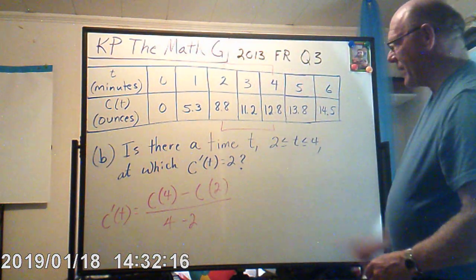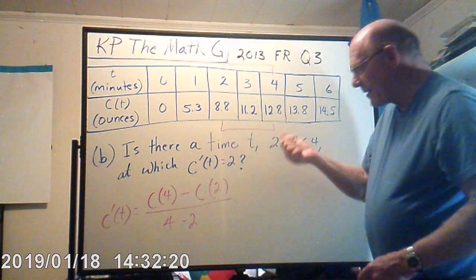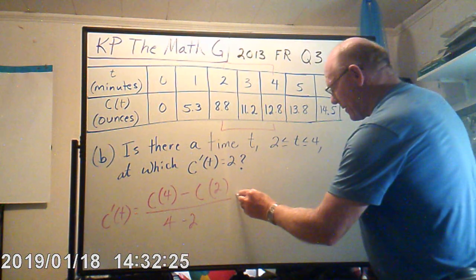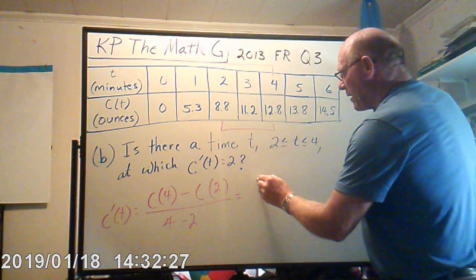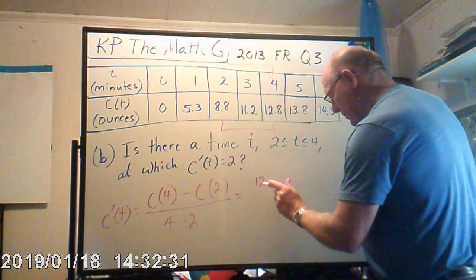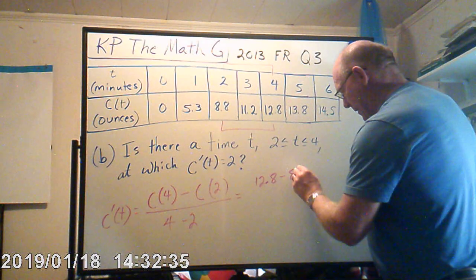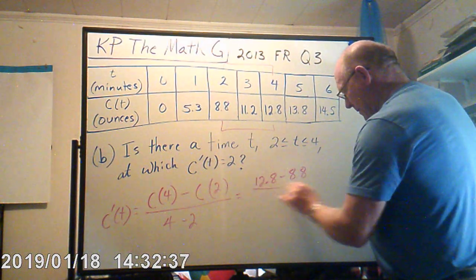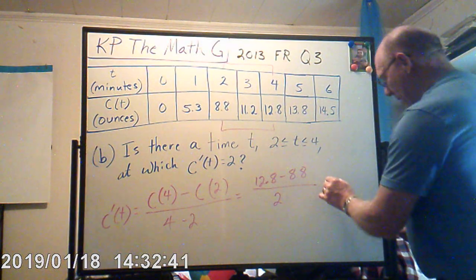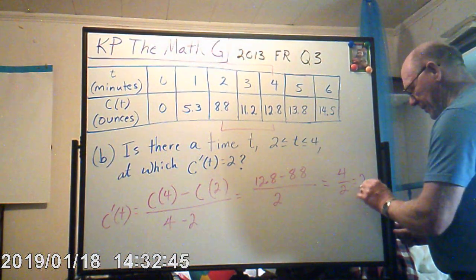One thing I noticed is that these two end in an 8, so I know those are going to subtract off. So we have 12.8 minus 8.8, and we know that 4 minus 2 is 2. So this is actually 4 over 2, which is 2.